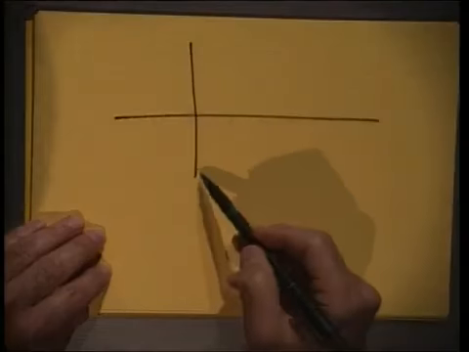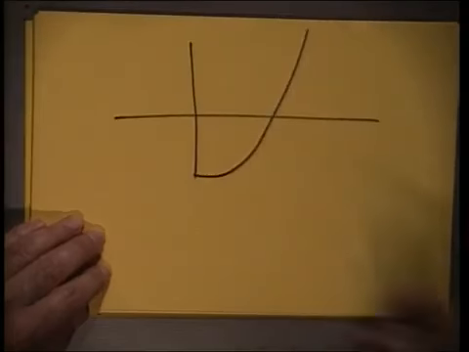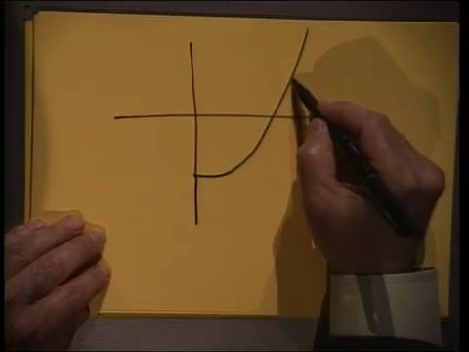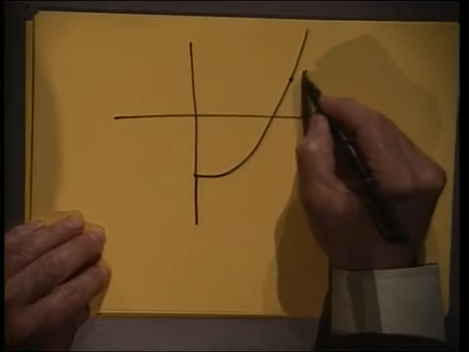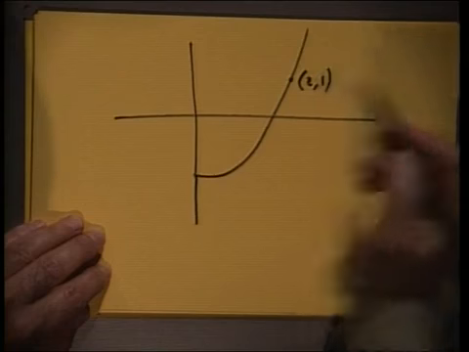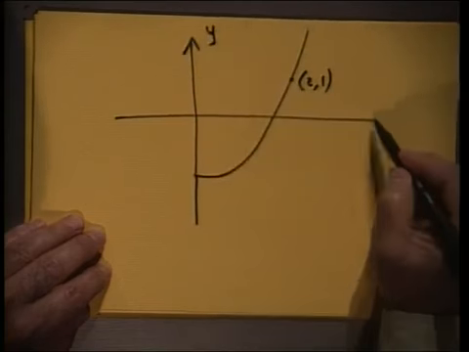Suppose, for example, we wish to apply this to the function x squared minus 3. You can draw the graph in this form, and you wish to calculate the derivative at the point, for example, 2 and 1. This is the original function, y, and this is x.